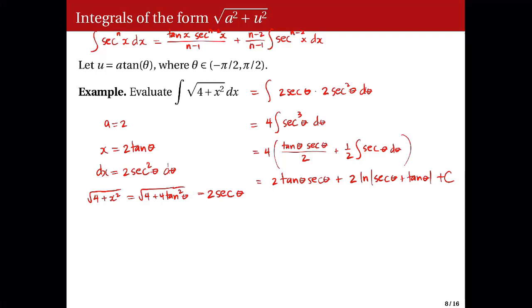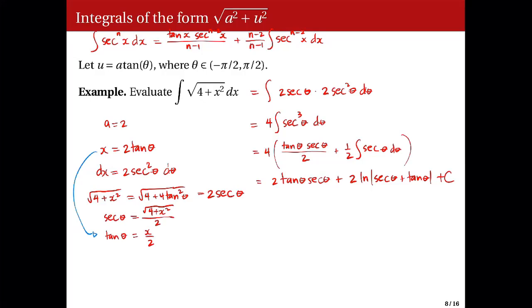So from here, we'll get tangent theta. This is equal to x over 2. And then from this guy here, secant theta, this is equal to square root of 4 plus x squared all over 2.